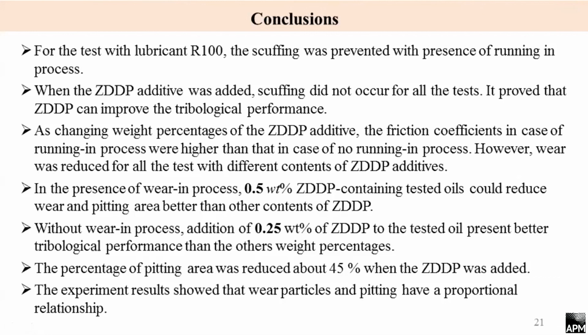And the percentage of pitting area is reduced by about 45% when the ZDDP additive was added to the test. And our experiment results show that the wear particles and pitting have a proportional relationship.